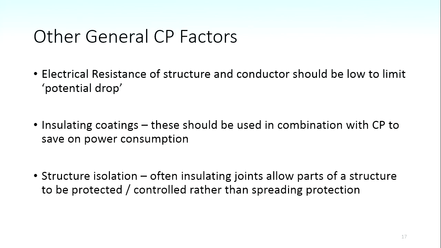And we used a combined CP coating situation to slow the rate of loss of sacrificial anode, or to save on power consumption in the case of the impressed current systems.